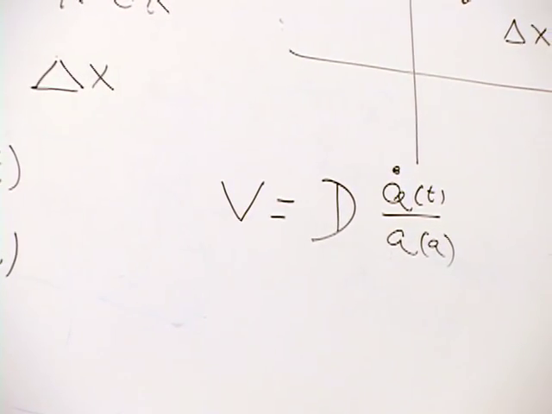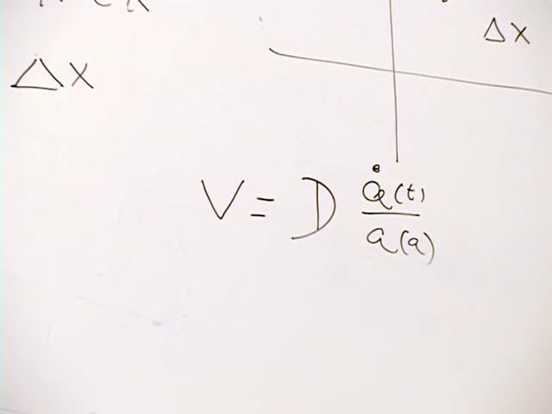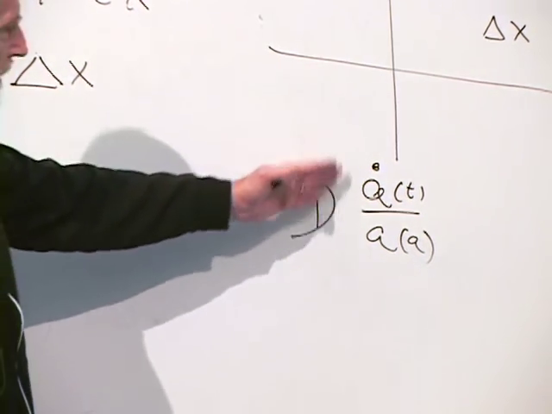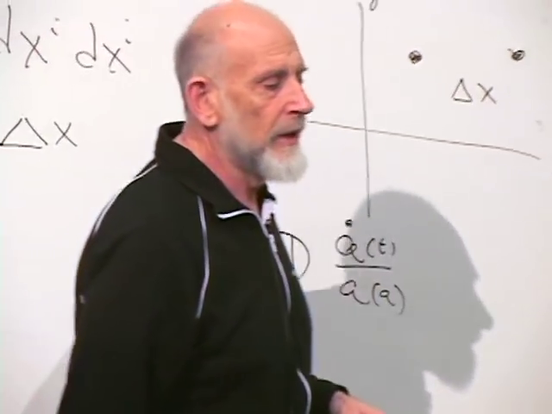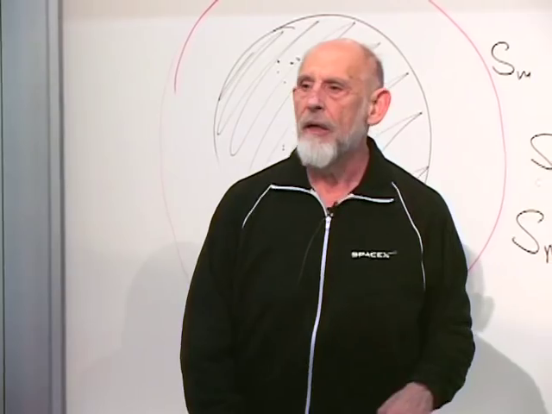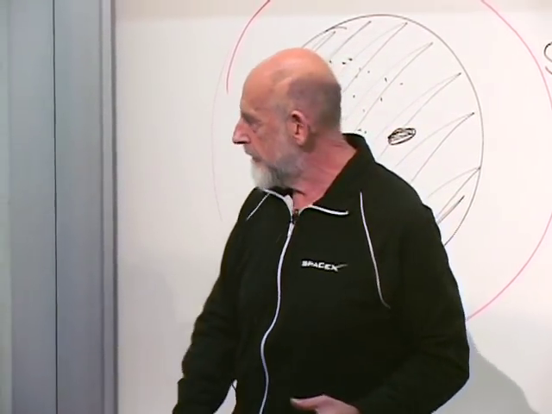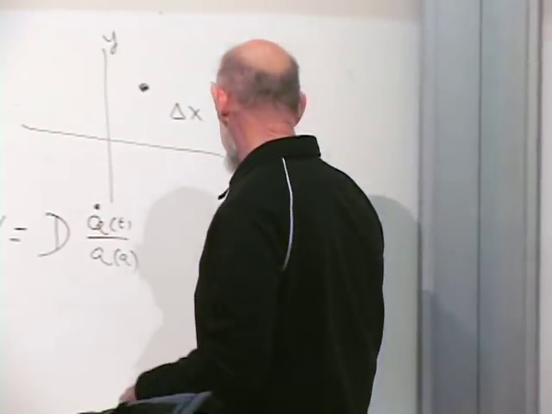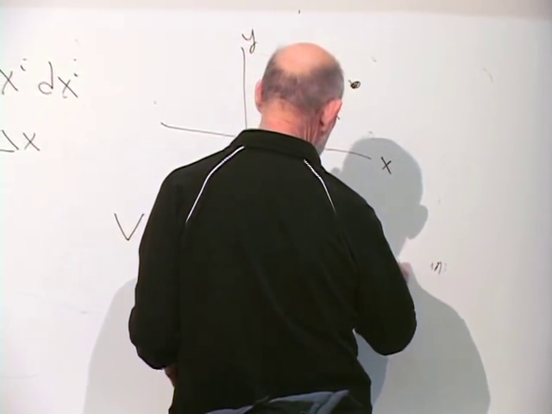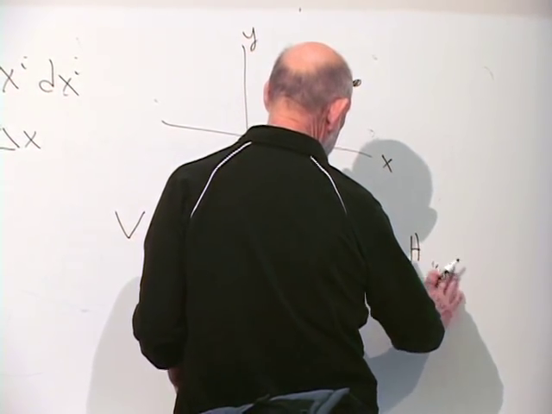The velocity has an a dot, the distance has an a, but otherwise they're the same, so velocity is distance times a dot over a. Now a dot over a has a name. It's called the Hubble constant. It's called h. Velocity equals distance times Hubble constant.